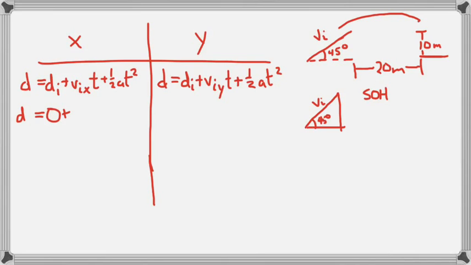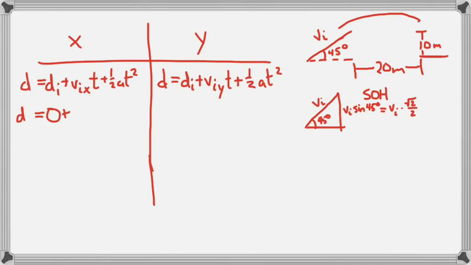So the opposite has to be sine times hypotenuse, or hypotenuse times sine. So let's put Vi sine 45 degrees. Okay, and we can end up simplifying that to Vi times root 2 over 2.